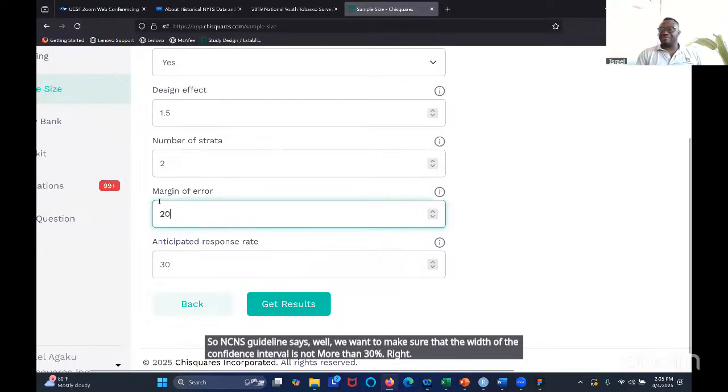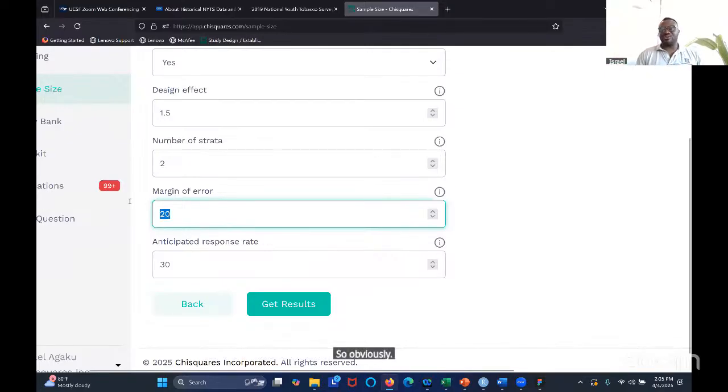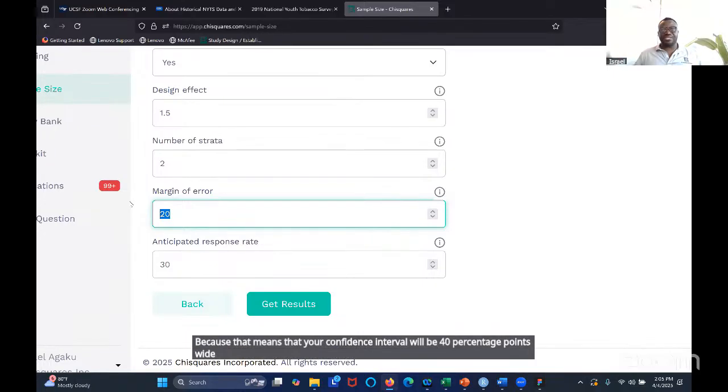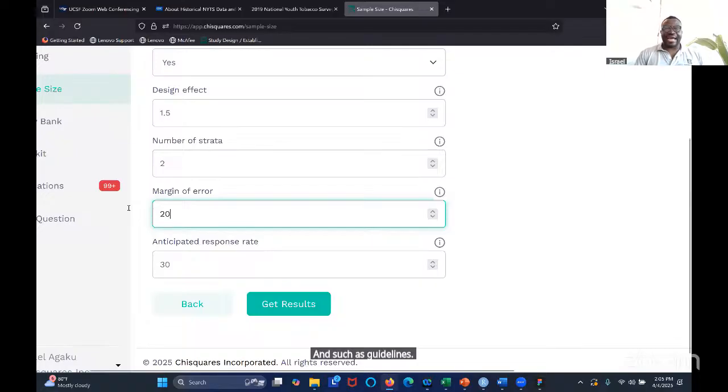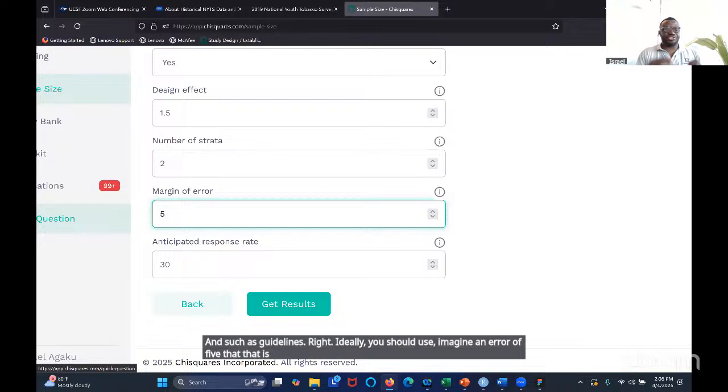So obviously, a margin of error of 20% is not acceptable, because that means that your confidence interval will be 40 percentage points wide, which goes beyond what is allowed per NCHS guidelines, right? Ideally, you should use a margin of error of 5. That ensures that you have nice, tight confidence intervals, and in other words, your results are precise.